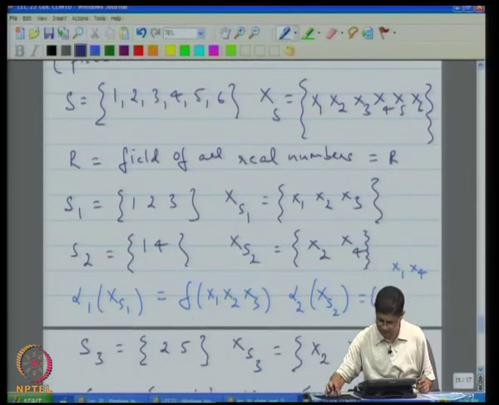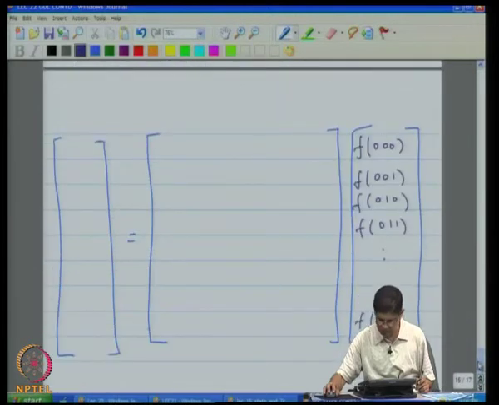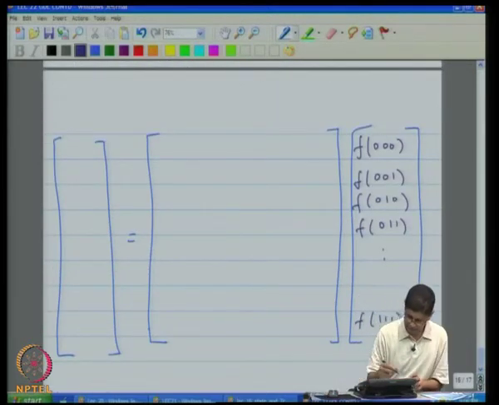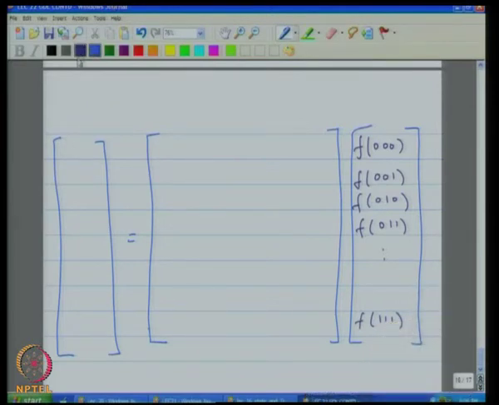So, that is the reason when I am writing down a matrix version of this computation, I have all these zeros and ones over here, and here on the left hand side what I am going to be computing are f of 0 0 0, f of 0 0 1 down to f of 1 1 1.